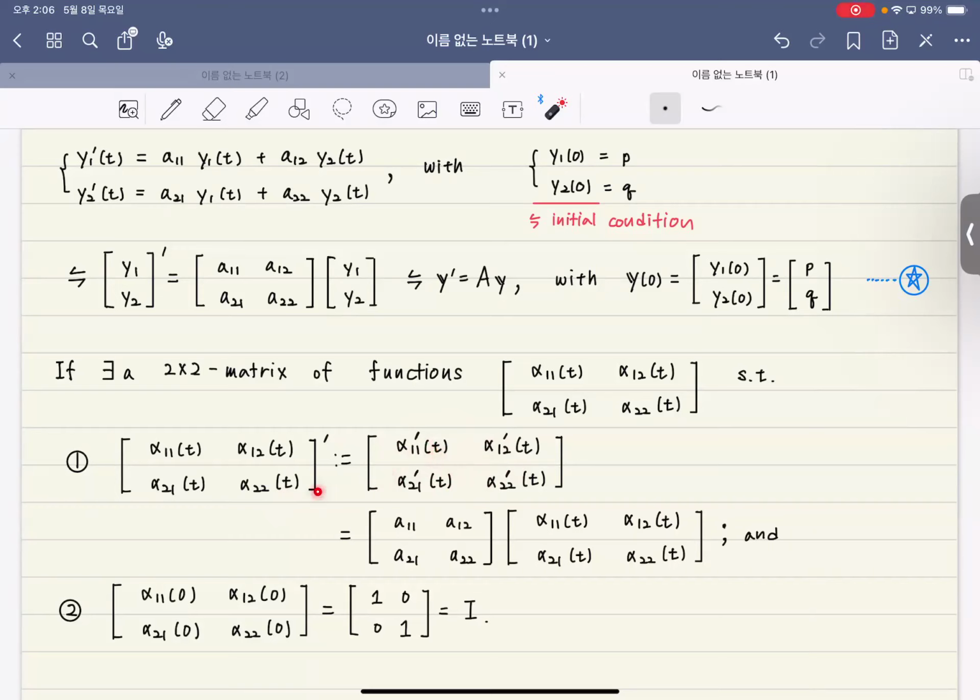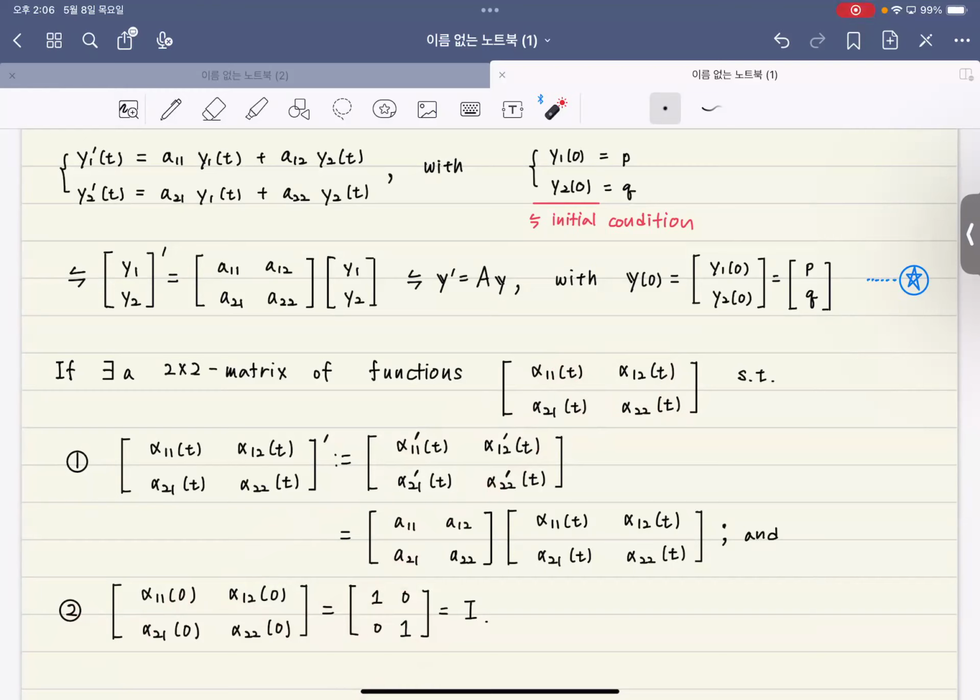Suppose that this matrix derivative equals A times the matrix itself. This is condition number one. Condition number two is that if you plug in t equals 0 into each of these entries, you get the identity matrix.